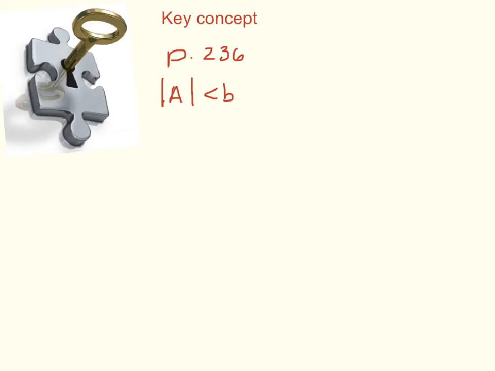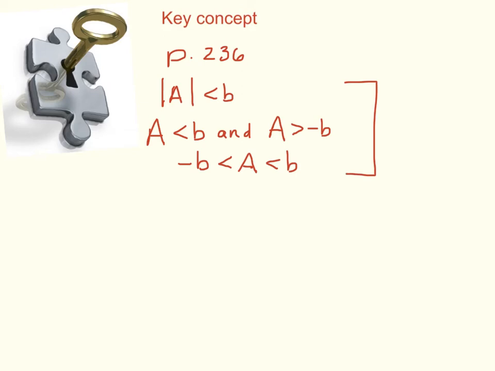You can solve it as a is less than b and a is greater than negative b, or you can write it as negative b is less than a, which is less than b. It's completely up to you. Now this is your less than, which is your conjunction, which is your and problem.